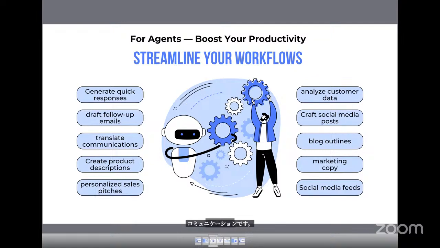And for sales, create compelling product descriptions, personalize pitches, and analyze customer data. For content creation, generate engaging social media posts, blog outlines, and marketing copy. These are just examples of how to use it. And this means faster, more efficient work with less effort.